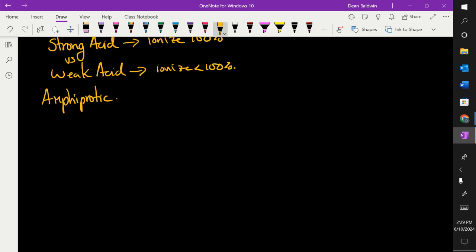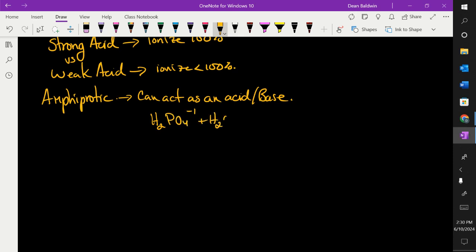What does amphiprotic mean? Can act as an acid or a base. So basically, anything that has protons and a charge will act as an acid, or it can be amphiprotic.